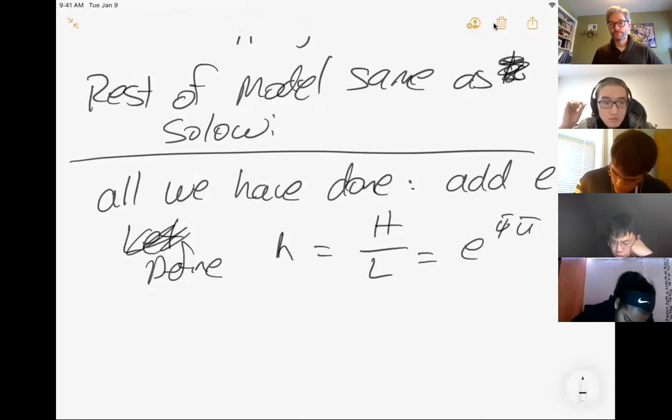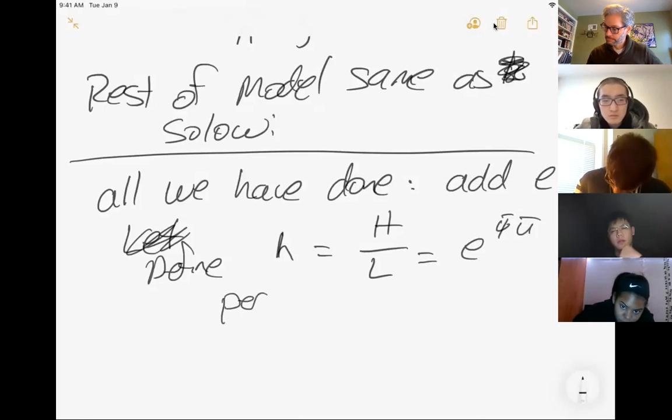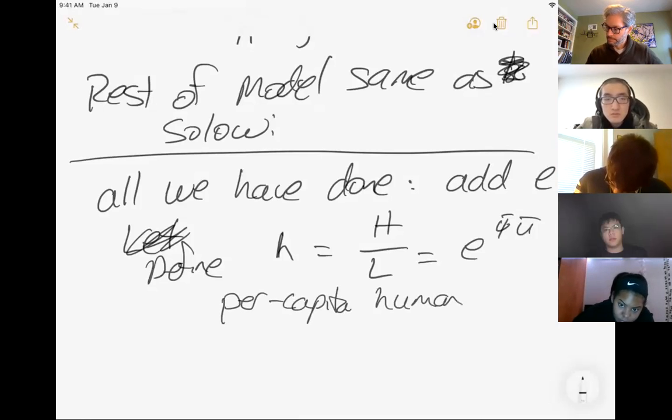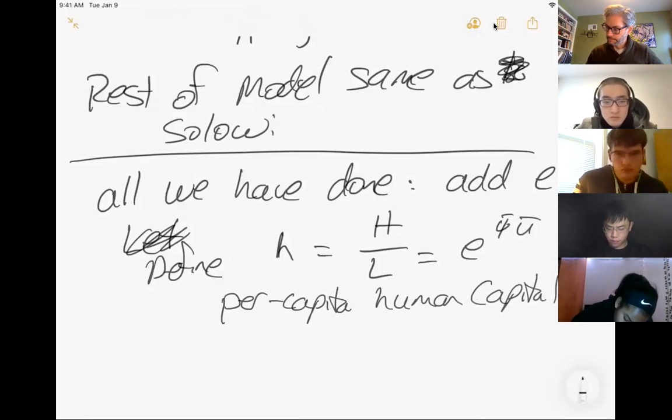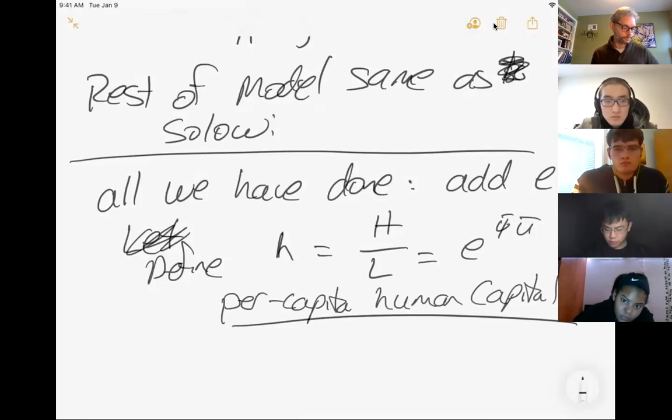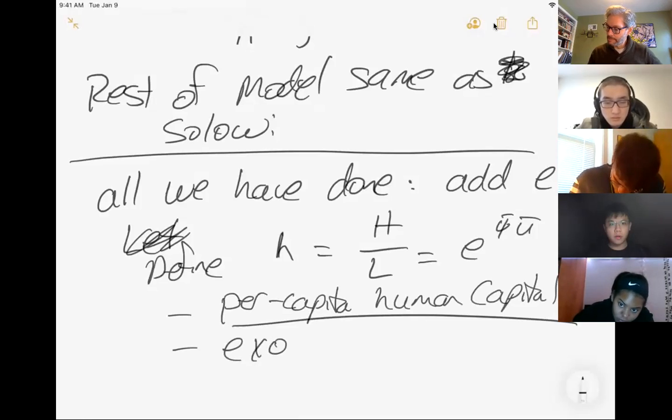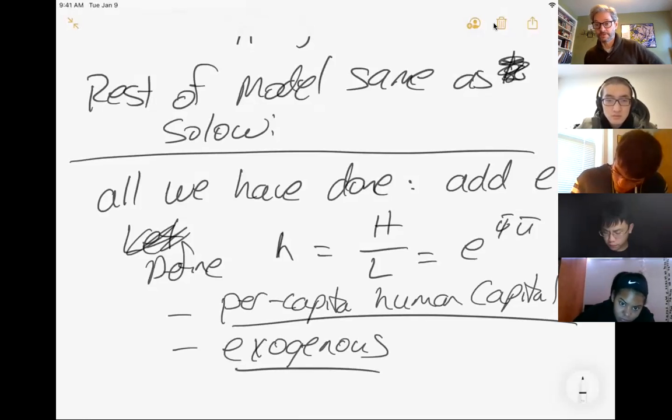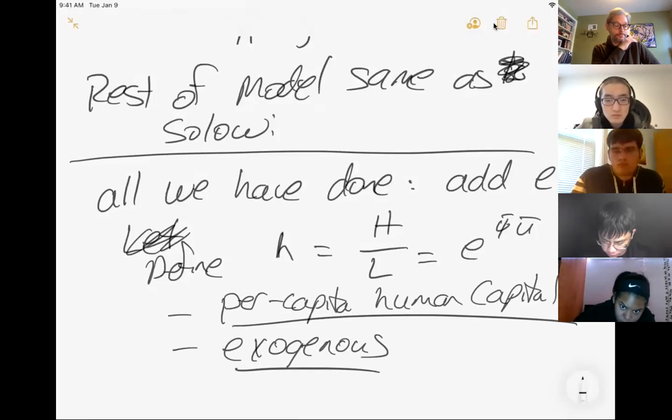That's really what we've added to the model. And notice that this is, in our model, exogenous, because psi is exogenous and u is exogenous. This is really just an exogenous variable that we've added to the model.